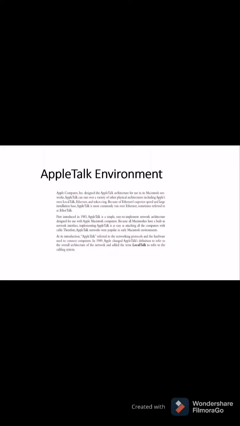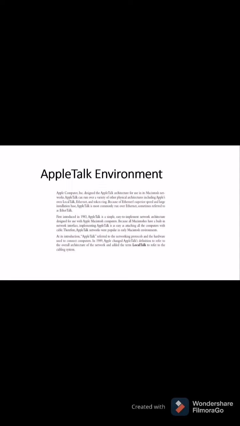Because of Ethernet's superior speed and large installation base, AppleTalk is most commonly run over Ethernet, sometimes referred to as EtherTalk. As it was introduced, AppleTalk referred to the networking protocol and the hardware used to connect computers. In 1989, Apple changed AppleTalk's definition to refer to the overall architecture of the network and added the term LocalTalk to refer to the cabling system.